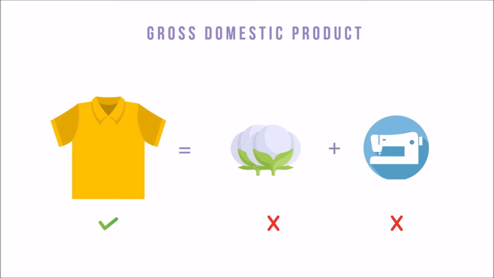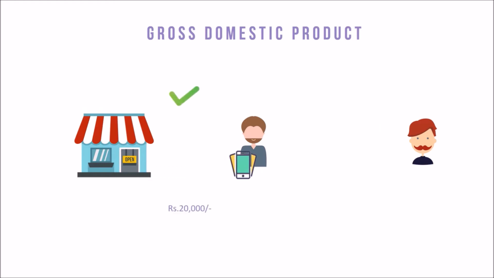Also, things you buy second hand are not taken into account while calculating GDP. Let's say you bought a new phone last year for rupees 20,000 and sold it to your friend at rupees 10,000. Now, even if there is a transaction worth rupees 30,000, the money you got from the second hand sale won't be considered in GDP.